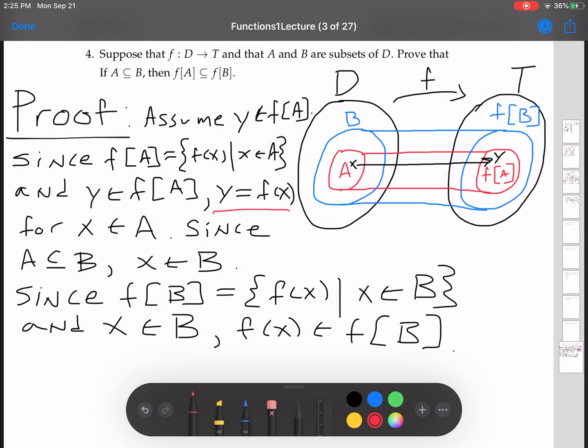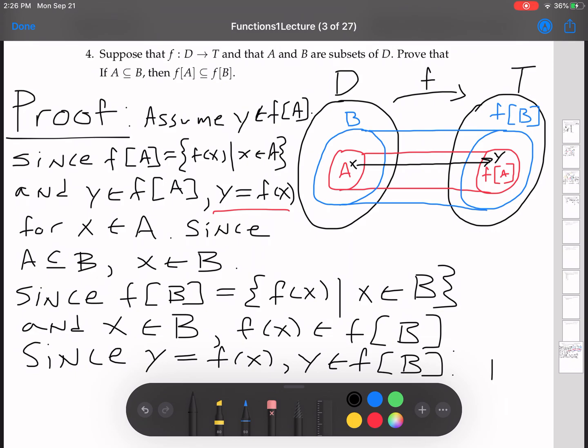We already said that y was equal to f of x. So, since y equals f of x, y is in f of B. And that's the proof.